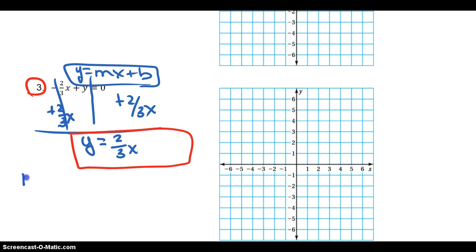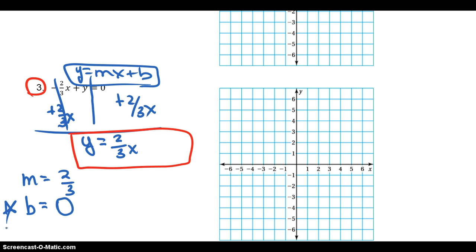Step 2 then was to identify the slope and the y-intercept so that you could graph. So we look at the slope. The slope is the coefficient in front of the x term, 2/3. B, what number is back here? Plus 1, plus 0, plus 2. What's back here? If there's nothing there, it'd be plus 0. So b is 0. We put a star next to b because that's the one we're going to graph first.